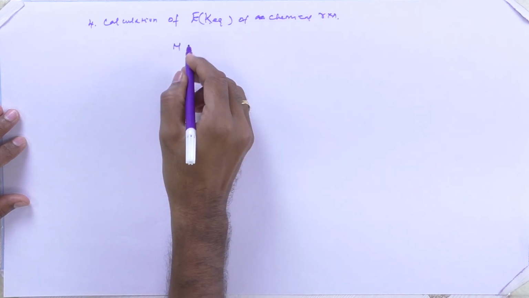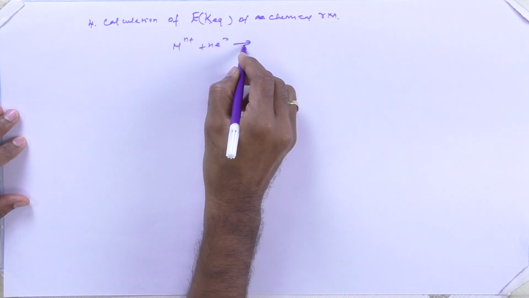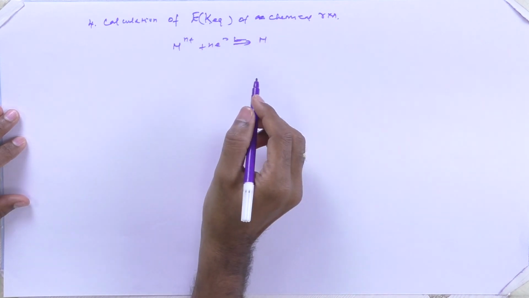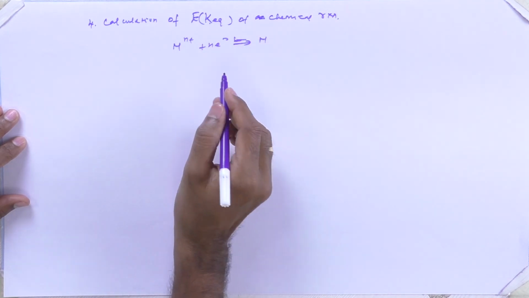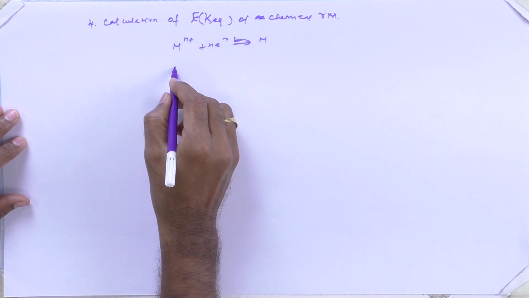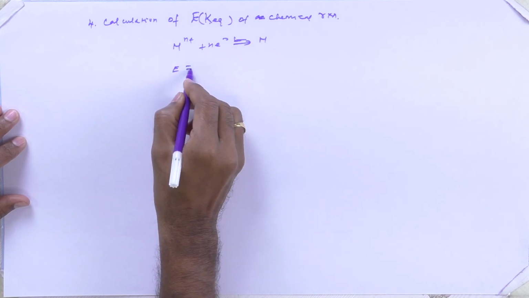Now let us consider the following redox reaction: Mn+ plus n electrons gives M. For this kind of reversible reaction, the corresponding equilibrium constant is calculated based on the following electropotential equation.